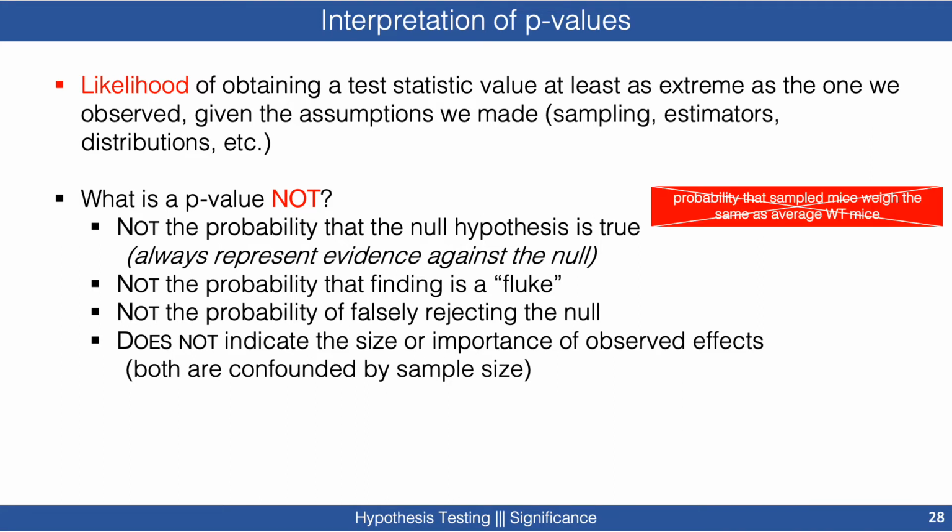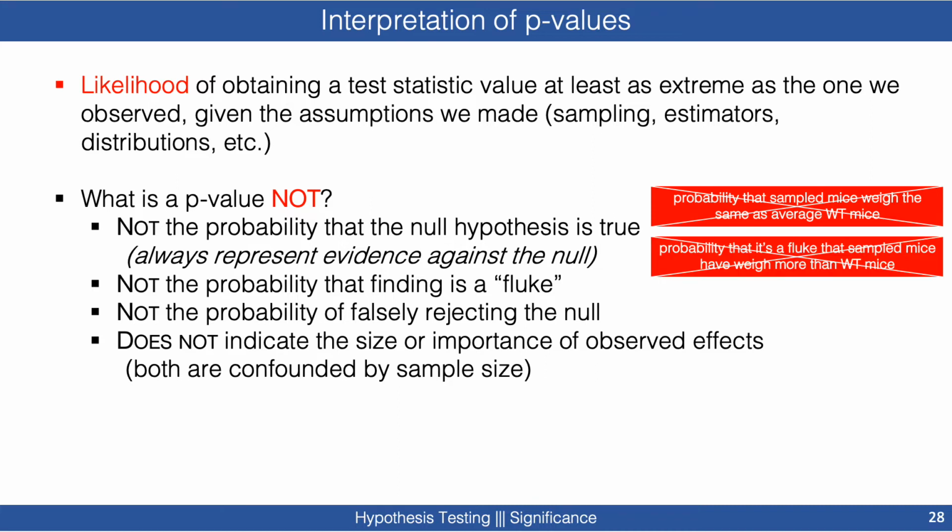It is also important to know that the p-value does not reflect the probability that the sample mice weight was the same as the wild type, nor does it say what the probability is that your experiment was a fluke and that for some reason you got the result that you wanted, but it might not be true.